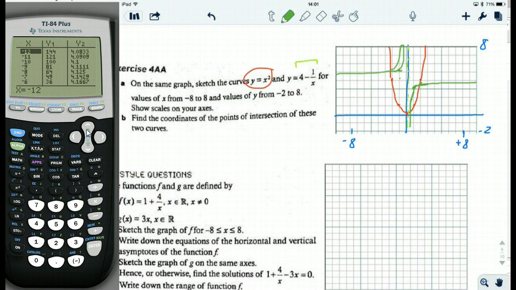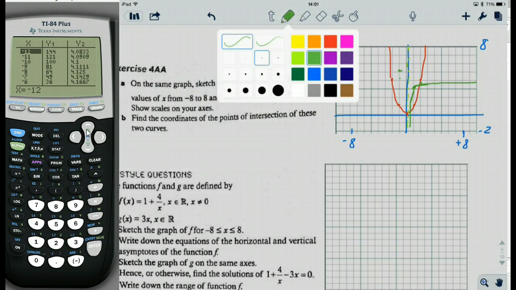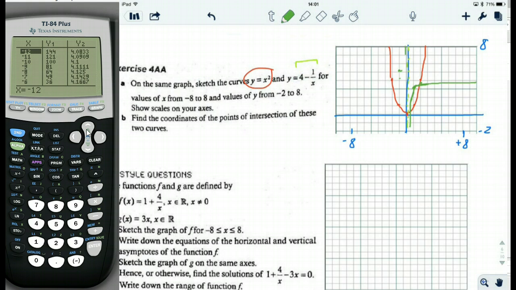Oops, that's terrible. Okay, that's fine. Okay, and if we look at it, you can see there's a 4 there, so actually there is an asymptote at y equals 4.